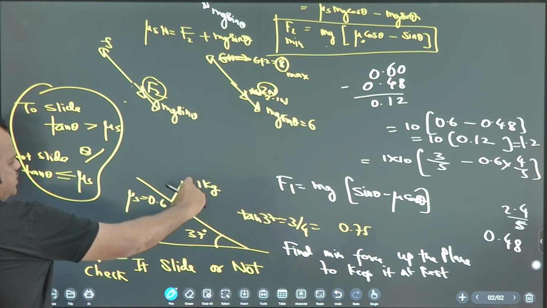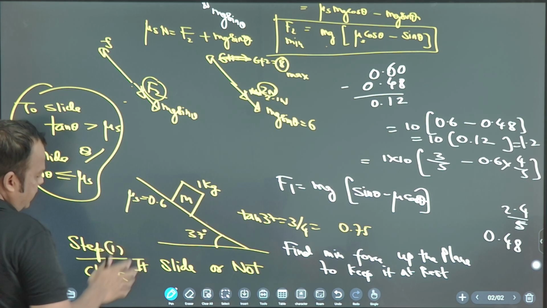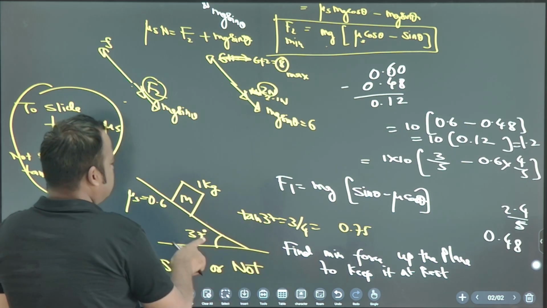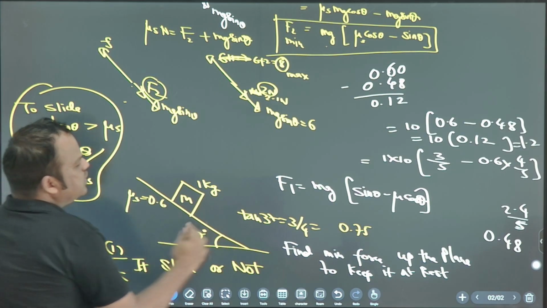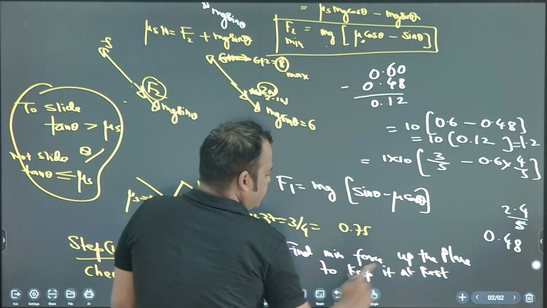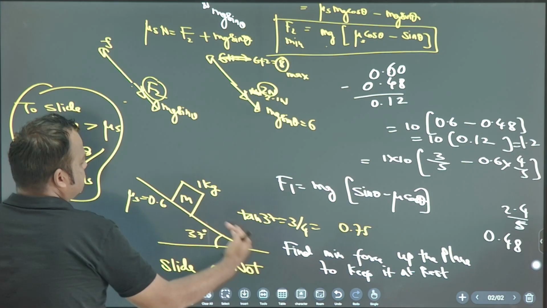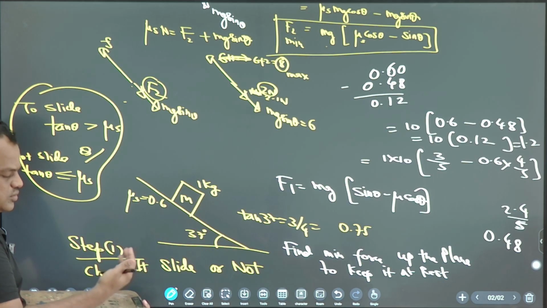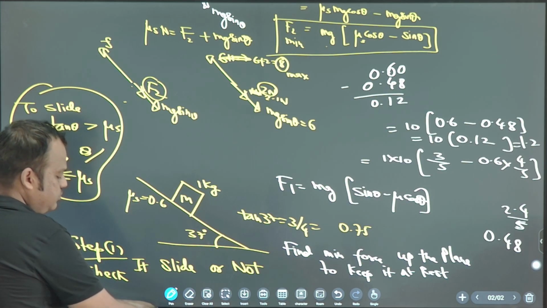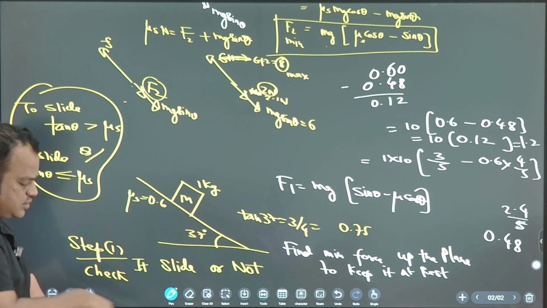So the block is kept. Is it sliding or not sliding? Tan 37 is 0.75 and mu s is 0.6, so it is sliding. Minimum force up the plane to stop it, to keep it at rest. It is sliding, so I want to keep it at rest.